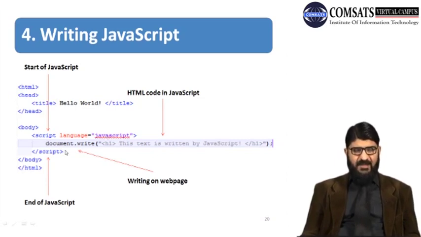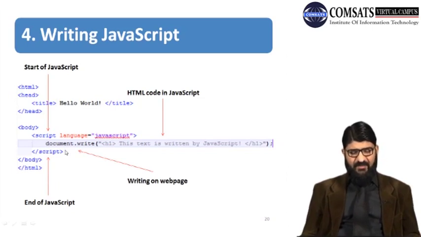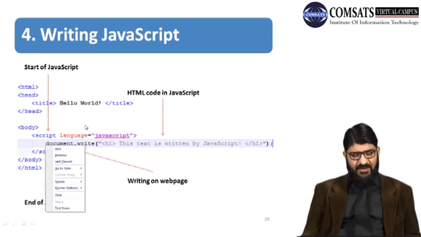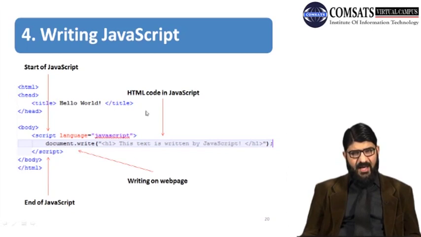Here you can see there is a function of JavaScript, that is document.write. For that, an h1 heading tag is given, and then the script tag is closed. So this is the start of the script, this is the end of the script, and this is basically a function to write. This text is written by JavaScript on the web page, and this is the HTML code in JavaScript. Then the body tag is closed and the HTML tag is closed.